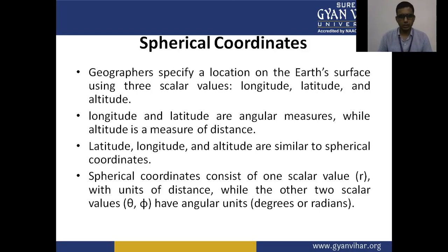Altitude measures the distance linearly. So altitude is defined by the scalar quantity r, which is a measurement of distance, and the two other scalar quantities are defined by theta and phi, which have angular units in degrees or radians.